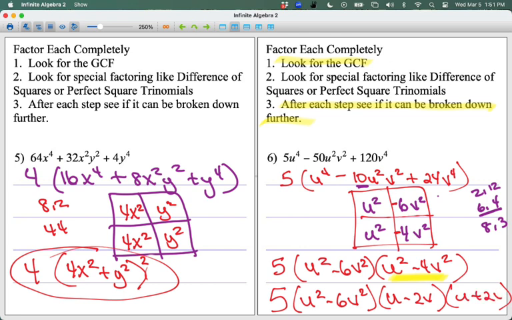So you need to make sure we're checking that we can break down even after we factored by the box method. That's why they had you factor so many difference of squares so you could start visualizing and seeing them.